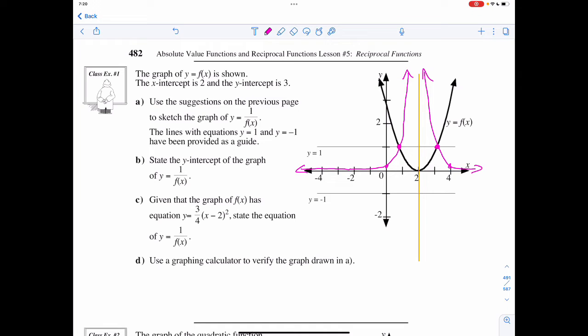What is the y-intercept of the reciprocal graph? If the original one was a y-intercept of 3, the y-intercept is going to equal 1/3.